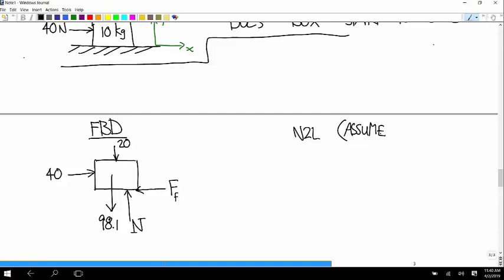Okay, so Newton's second law, we're going to assume no acceleration. And we're going to calculate what that friction force would have to be for no acceleration.